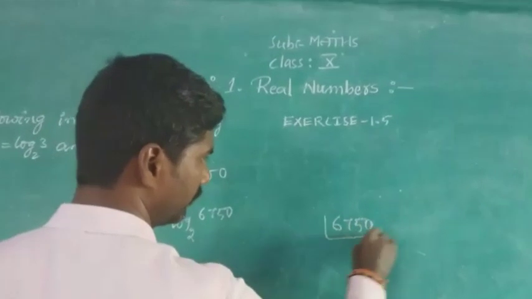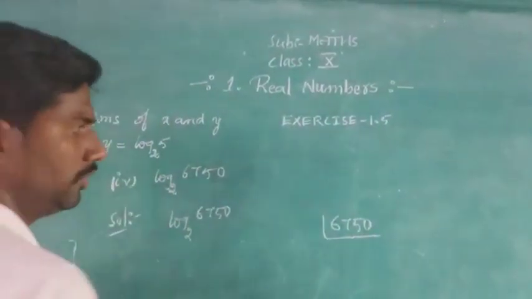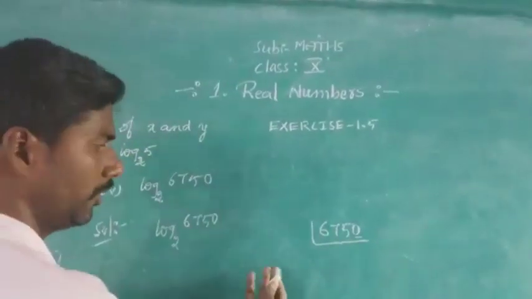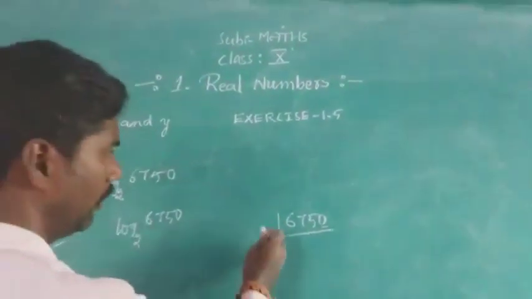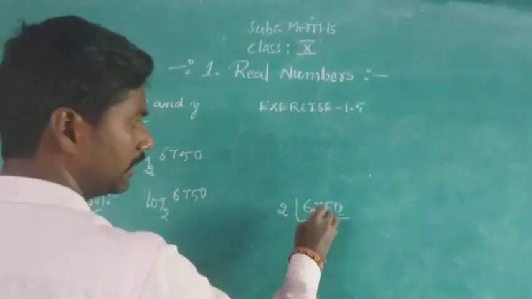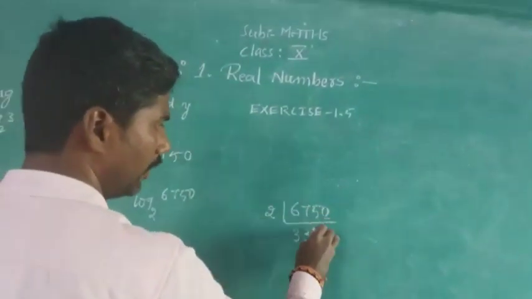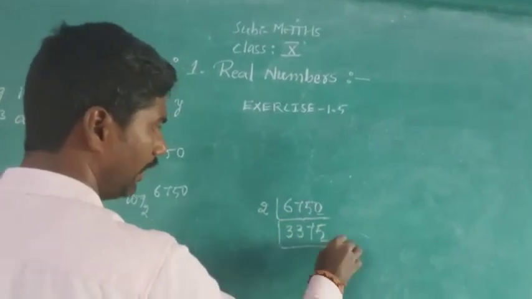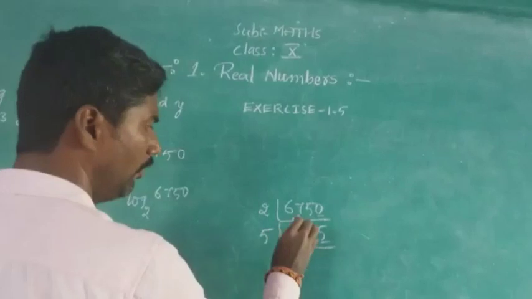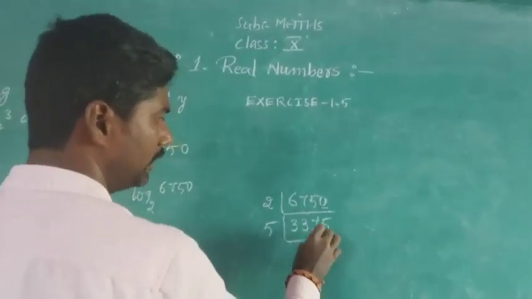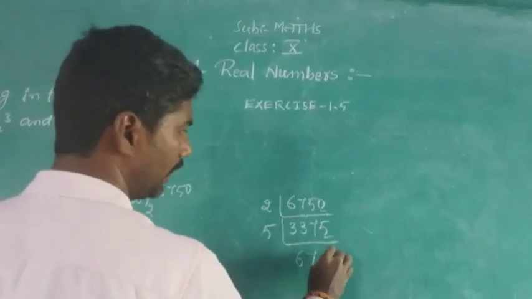6750, the last digit is 0, so you can take 2 table or otherwise 5 table or 10 table. Let me take 2 table. 2 3s are 6. Again 2 3s are 6. 1 carry. 2 7s are 14. The last digit is the 5, right? I would like to take the 5. 5 6s are 30. Then 3. 5 7s are 35. 5 5s are 25.